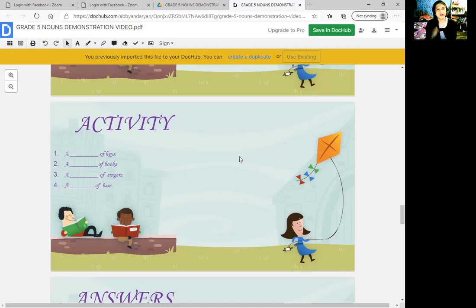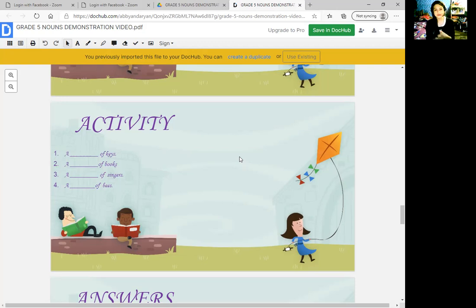I need you to look for a specific collective noun that you think will best fit our sentence, and then write it down on your piece of paper, okay? So write it down now, boys and girls, because we're gonna reveal the answer in three, two, one.